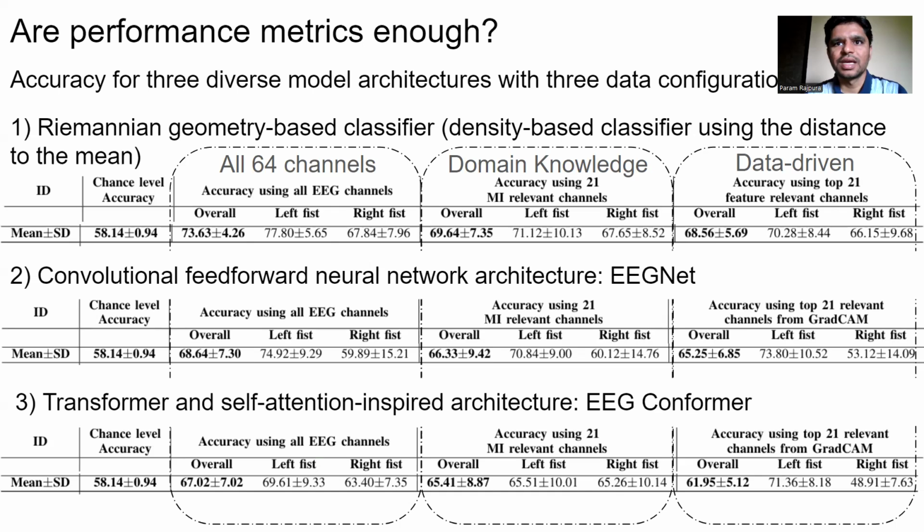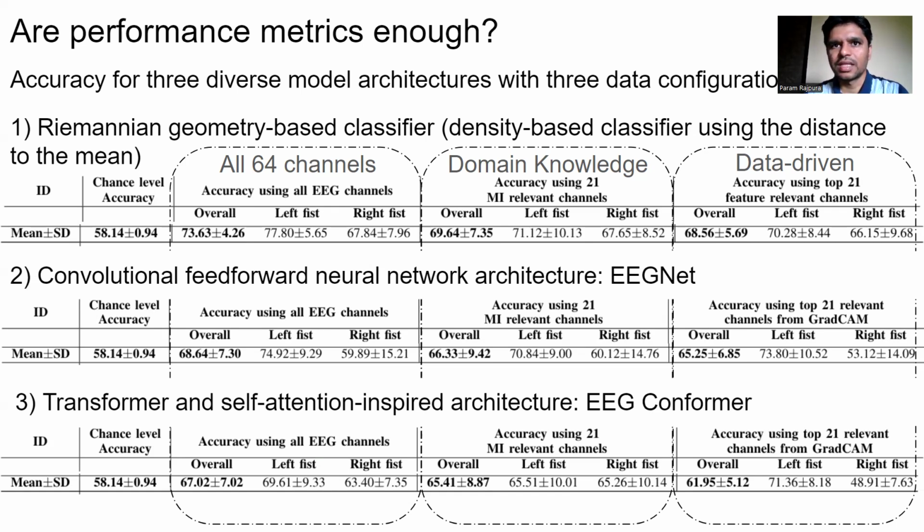All the models are trained and evaluated using 3 different data configurations. The first configuration uses all 64 EEG channels to predict the outcome. To validate the efficacy of explainable AI techniques that use data-driven feature relevance, we compare the performance of each model with the domain knowledge in neuroscience.